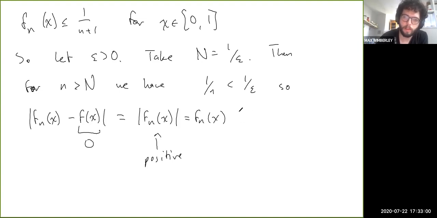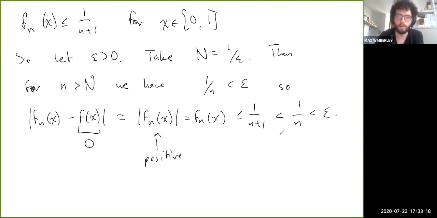And then this is less than or equal to 1 over n plus 1, which is less than 1 over n, which is less than epsilon. So there you go. There's your proof that it converges uniformly.